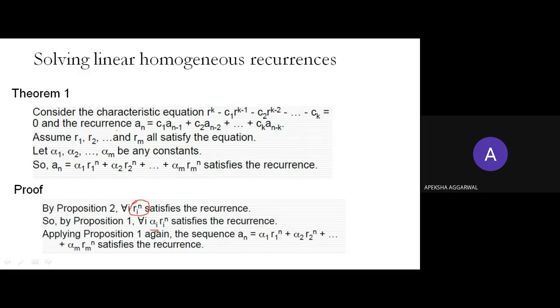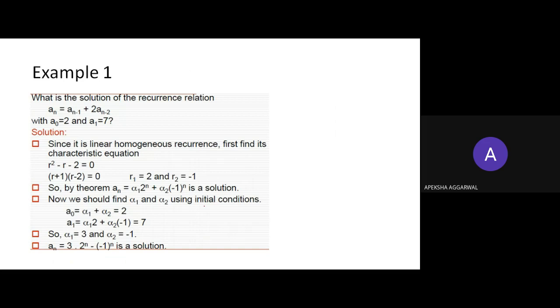Applying proposition 1 again and again, you get this sum, and this also satisfies the recurrence. You are just adding those terms. If you add them, that will also satisfy the recurrence, and if you multiply by a constant, that will also satisfy the recurrence.